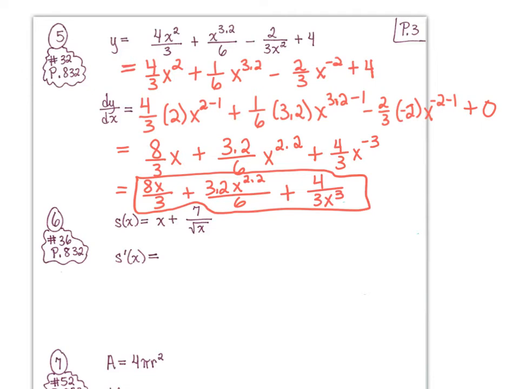What should we do first here? Go ahead and say what we should do. Simplify the square root of x. So how would we write s of x then? Well, you're rewriting the entire thing, so what goes first?